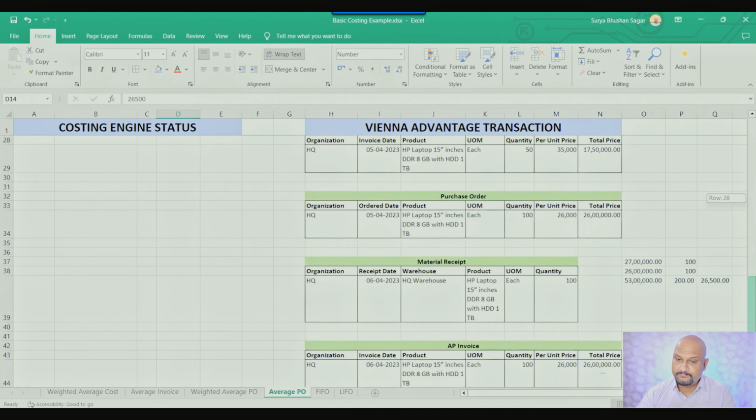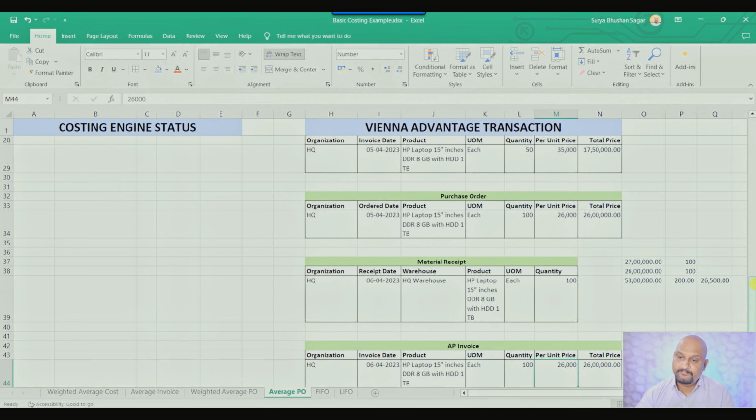Okay, so that becomes the cost, and later on if I receive a certain difference in the AP invoice, the system will ignore that difference since the method is average PO. And as I have mentioned, the average PO will accumulate all the total prices and all the quantities we have purchased.